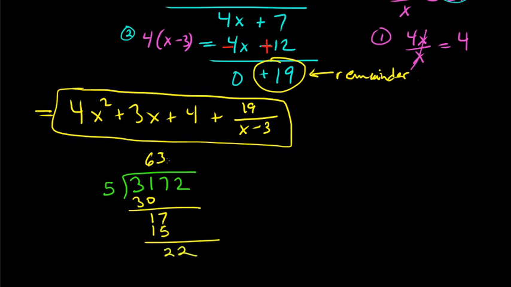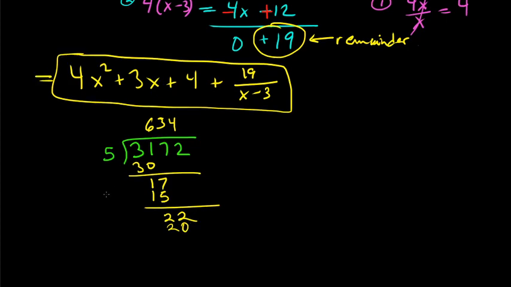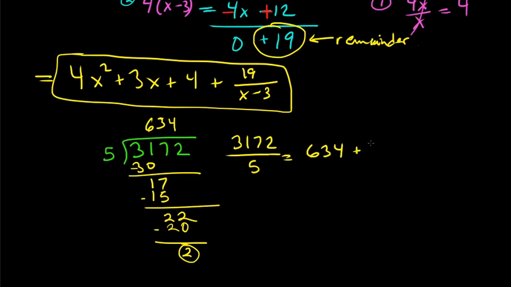Bring down the next 2. And then 22 divided by 5 is 4. Multiply 4 times 5, and you get 20. When you subtract, you just get 2. 2 is the remainder. So 3172 divided by 5 is 634, that's the quotient, plus 2 over 5.